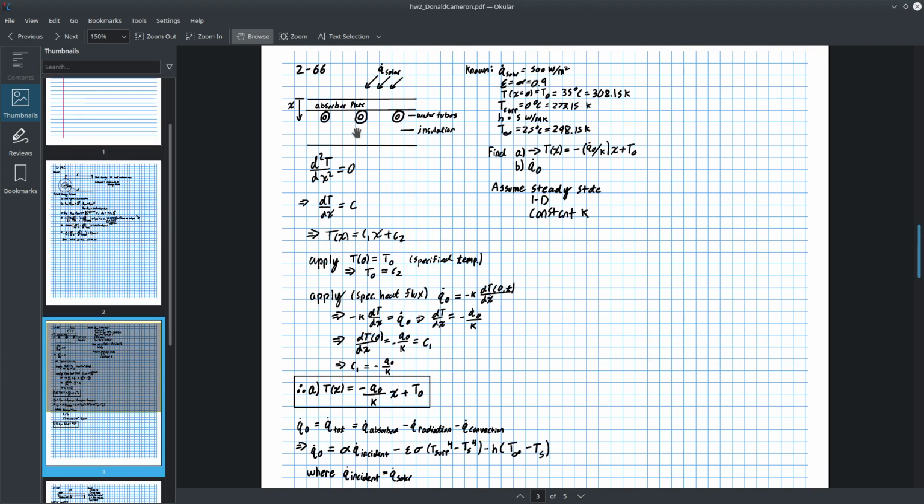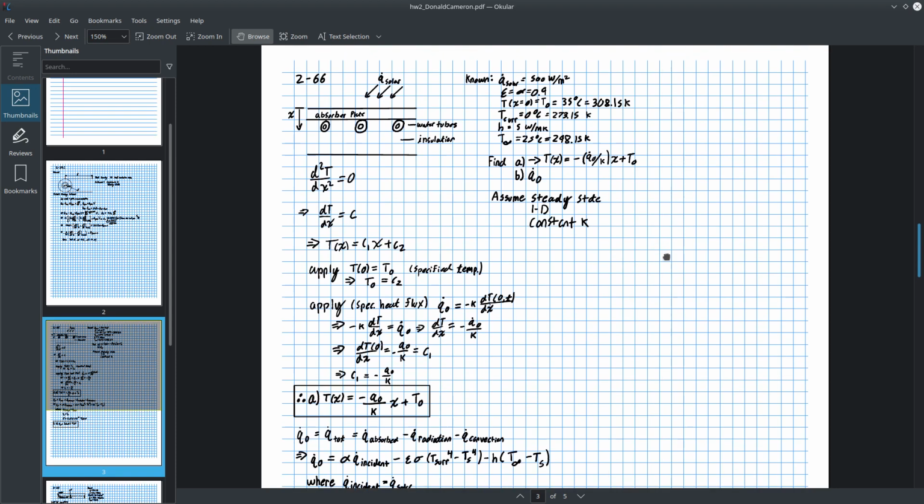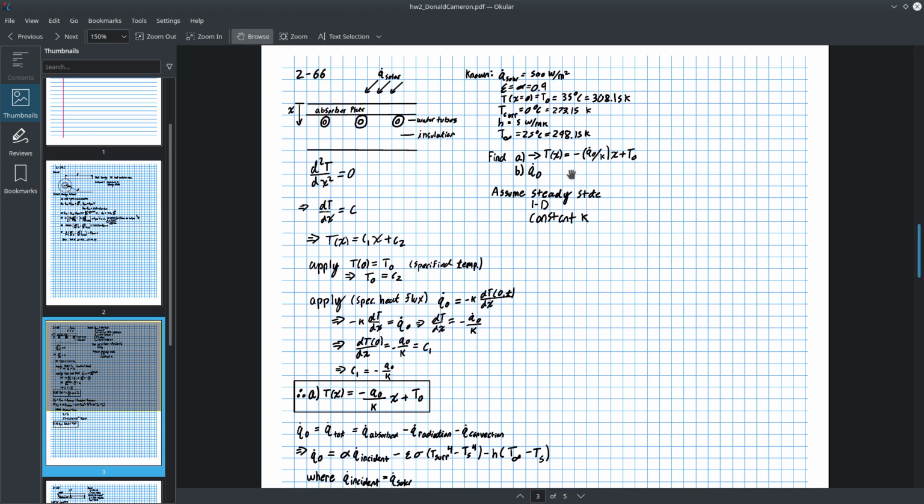This problem involves a solar heating system with water tubes, an absorber plate, and some insulation, and we are tasked with proving that the temperature profile matches this given statement, and also finding the value of heat flux Q dot naught.